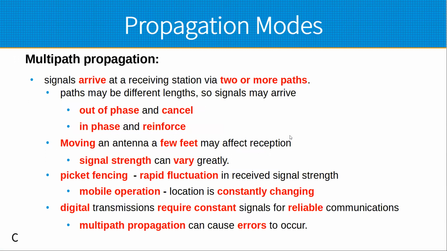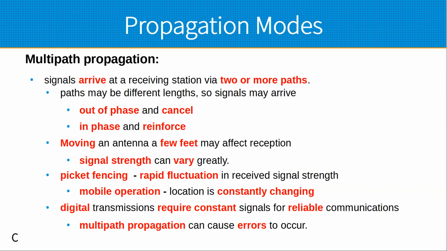Okay, multipath. That's where you can have multiple signals arriving at your receiver, even though they came from the same transmitter, because they can reflect off of buildings and other things. So you get that signal coming 2, 3, 4 different ways, and they get there at different times.